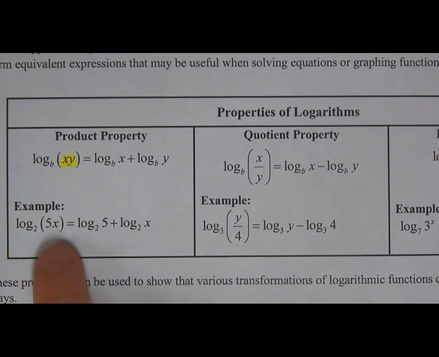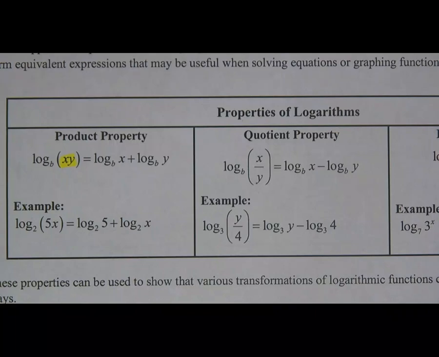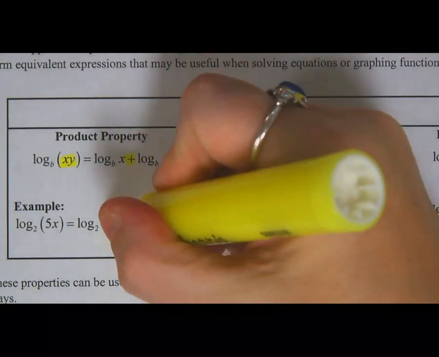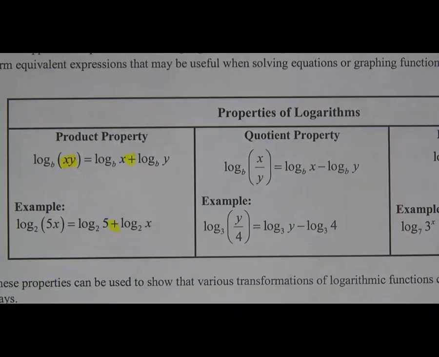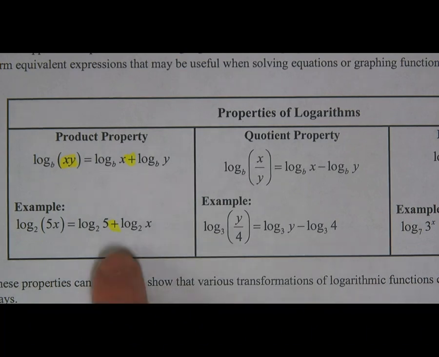Log base 2 of 5x. 5x is a product, two things being multiplied together. That expands out into addition. So multiplication expands into addition. Now you also have to know that going backwards. Sometimes your job, especially on 5.13, the day that I'm gone and you're kind of teaching yourself, this is really important.